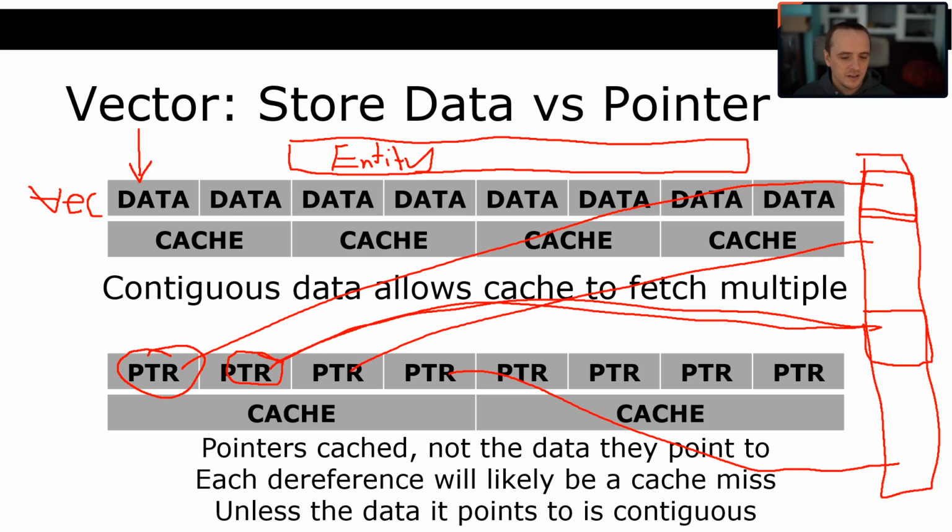Well, it looks like if pointers give us cache misses and the entity's bigger than the cache line, how can we possibly do this? Okay? Well, let's look forward and we'll see how we do that at the end of this lecture.